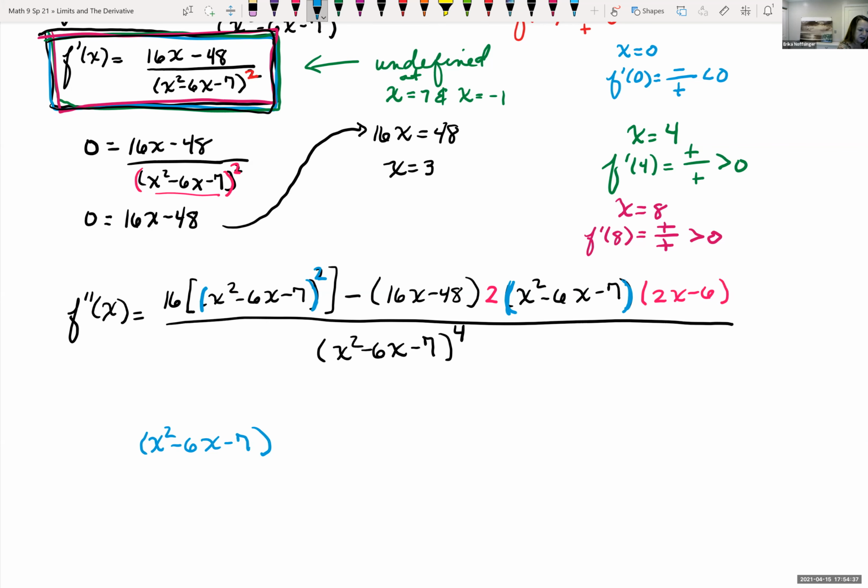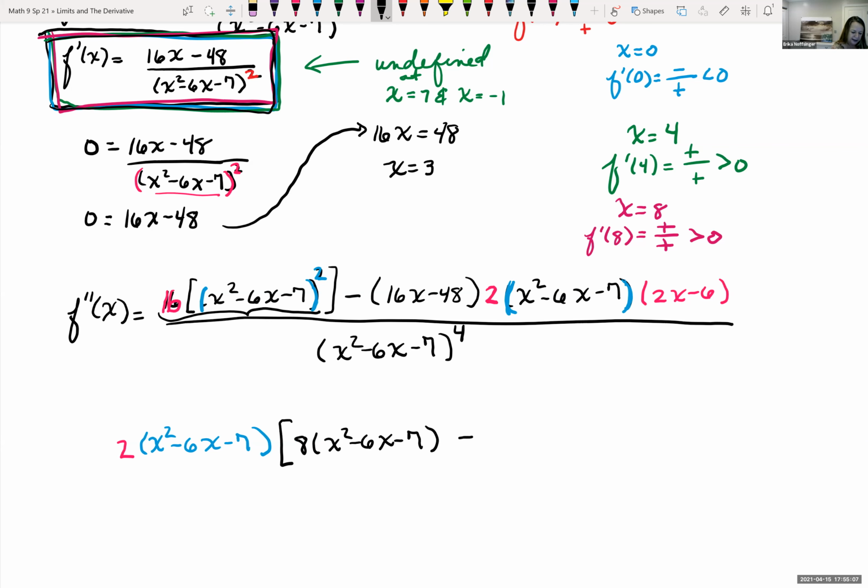And then also notice that here we have a 16 and here we have a 2. So we can pull a 2 out of that also. So if we pull a 2 and an x squared minus 6x minus 7 out of that first grouping, we're left with an 8, and we're left with 1 of the x squared minus 6x minus 7 factors.